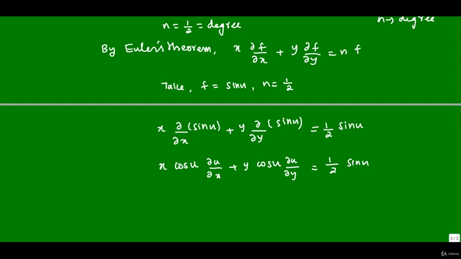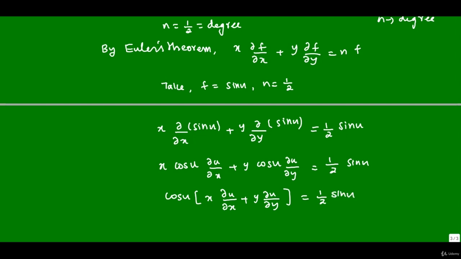Now on the left side, take cos u common: x into dou u by dou x plus y into dou u by dou y equals 1 by 2 into sin u.